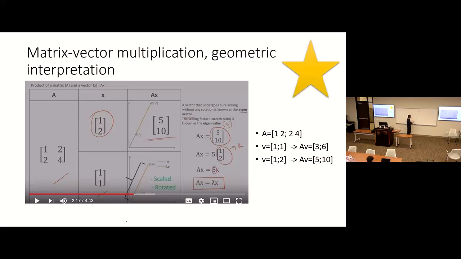And the value of this 5 is the so-called eigenvalue. And this is the eigenvector.